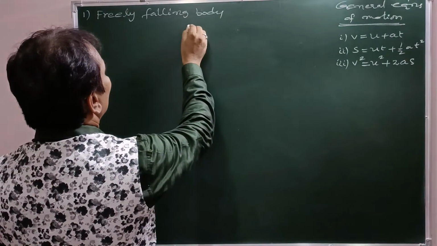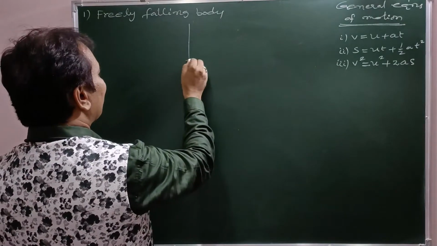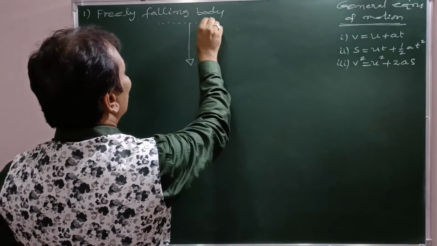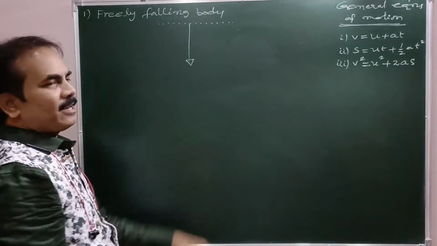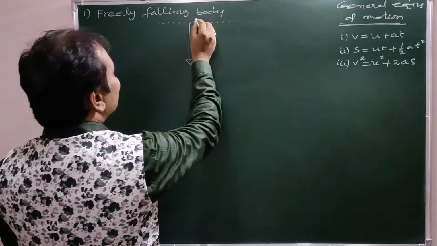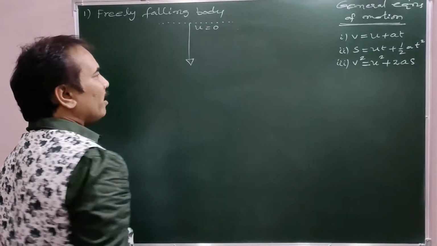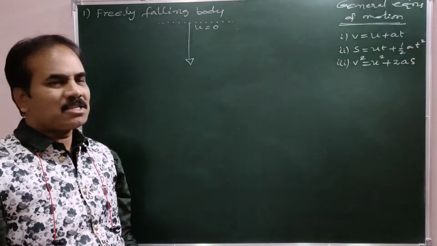This is the freely falling body. This is the reference line from which the body is dropped. Here, what is the initial velocity? u equal to 0. Now see the sign convention.